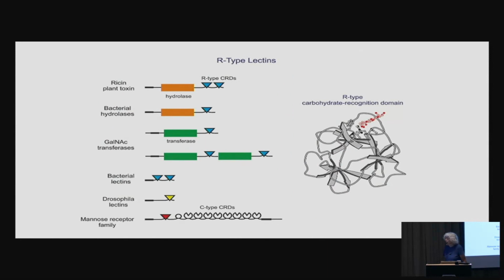And then the last big group of lectins I'll tell you about are the R-type lectins. This is a very interesting group because this is the only group which is found across different kingdoms.